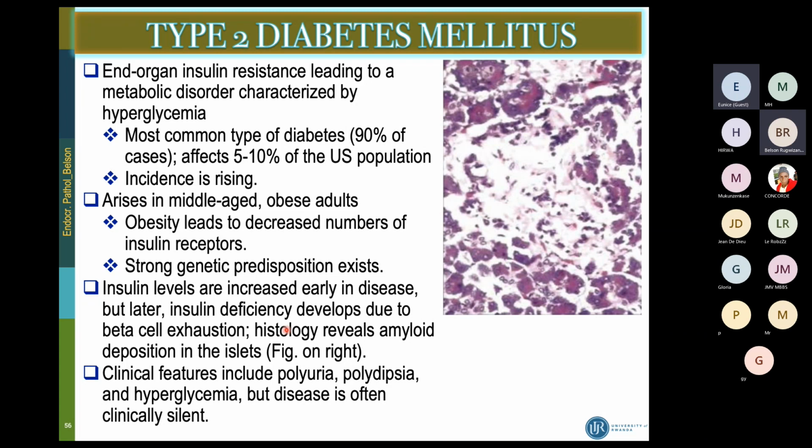This is the most common type of diabetes mellitus, especially in the United States, and it affects 5 to 10% of the US population. And the incidence is rising.